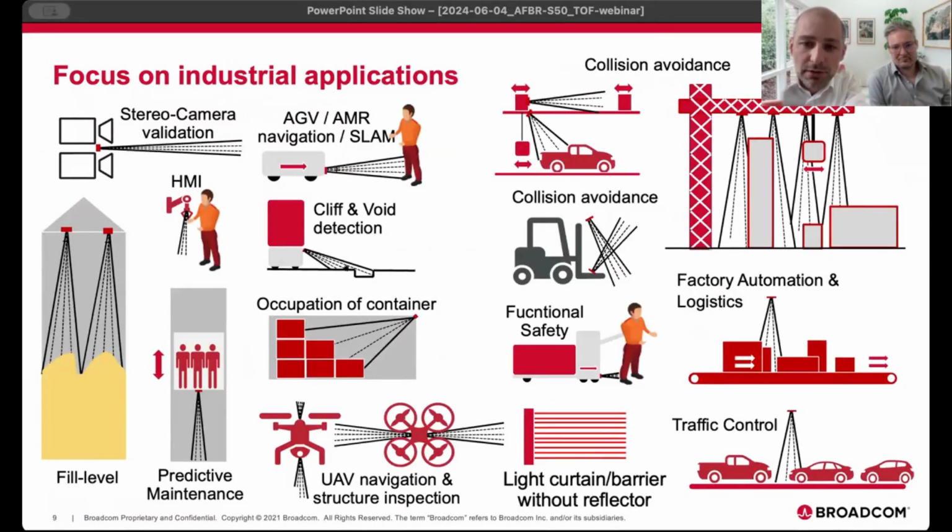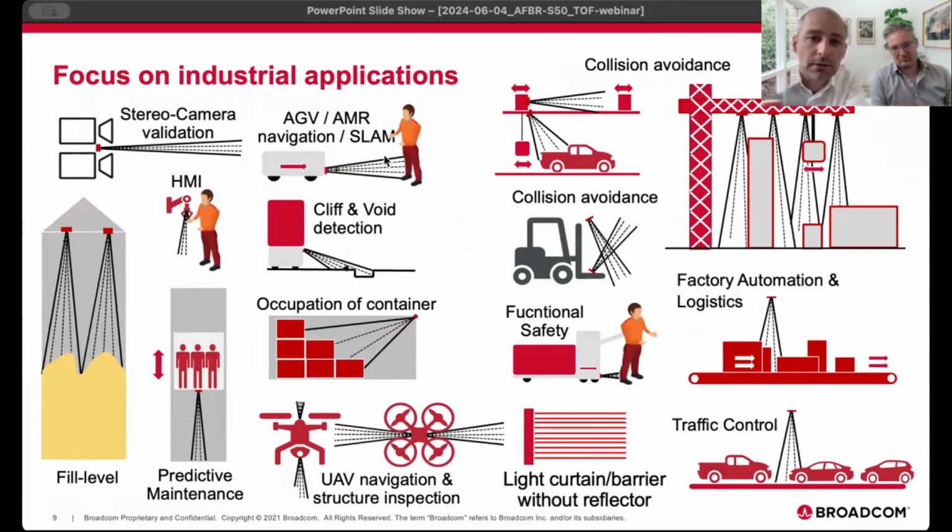Our focus with these high-end sensors is on industrial applications where our customers need reliable distance readings and robust performance, for example, for factory and industrial use cases. We will talk about fill level measurements, about predictive maintenance in elevators. We will talk about stereo cameras.